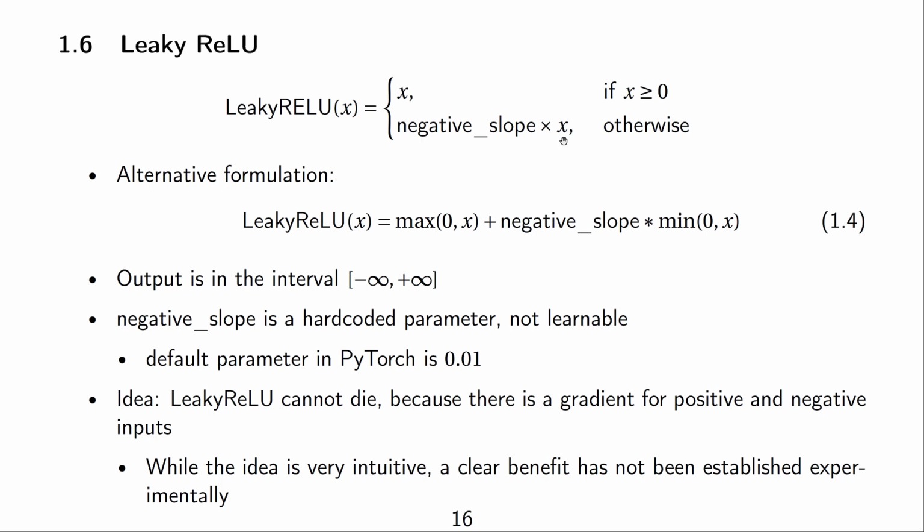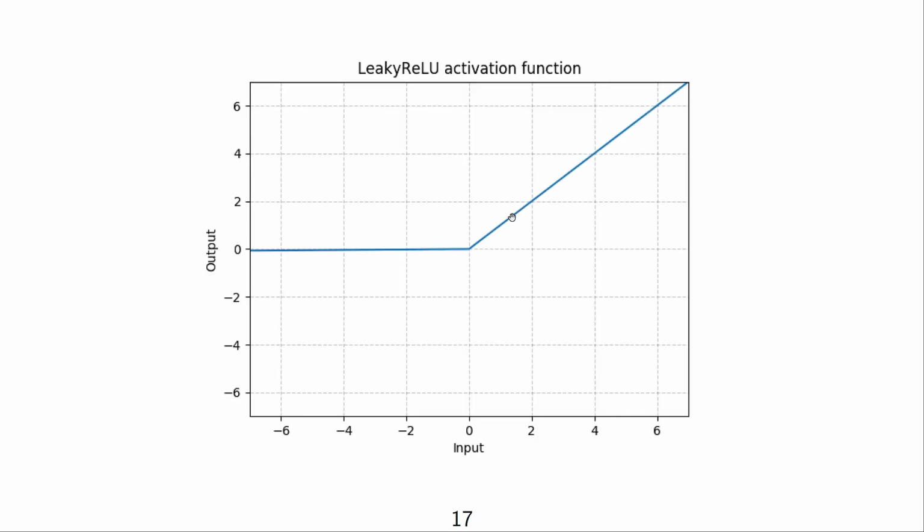Let's look at the visualization of this function. So it looks almost like the ReLU, but here, this part is not exactly 0. It's still a linear decrease, but you can see the decrease is very small. So it's just barely below 0 here.